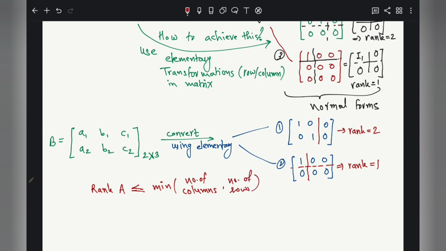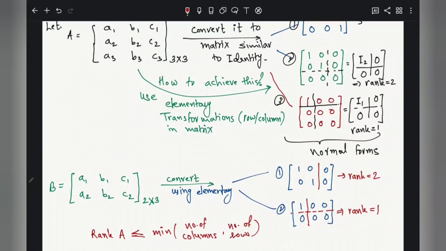This is a very important thing. So here rank can be 2 and 1. This is how in a square matrix or any random matrix the rank is found out.